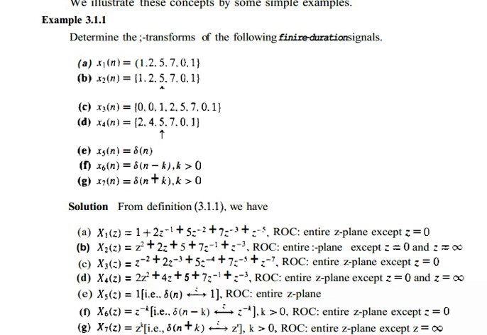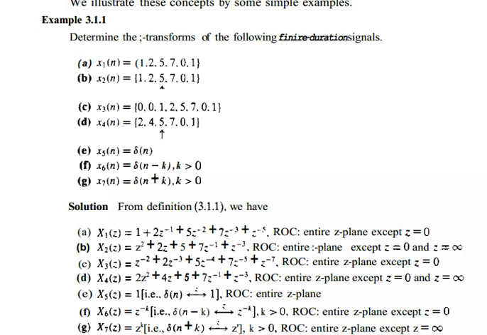The sixth problem is x6 of n equal to delta of n minus k. Here we get a shifted version of the impulse signal, and the z transform is z raised to minus k. Its region of convergence is again the entire z plane except z equal to 0, because when z becomes 0, x of z is not a finite value.